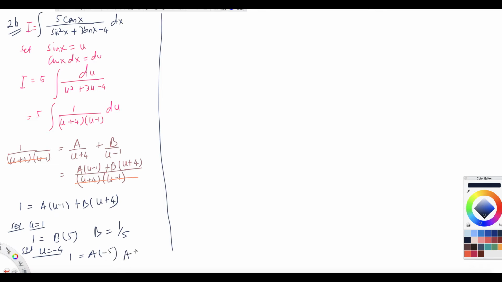So a will be negative 1/5. That's the value of a and b. Hence, 1 over u plus 4 times u minus 1 equals negative 1/5 over u plus 4 plus 1/5, that is b, over u minus 1.